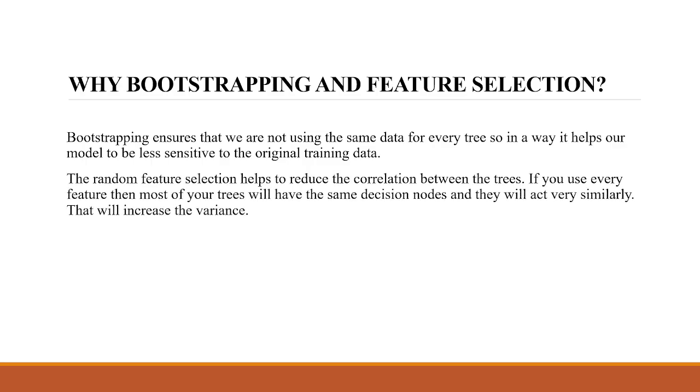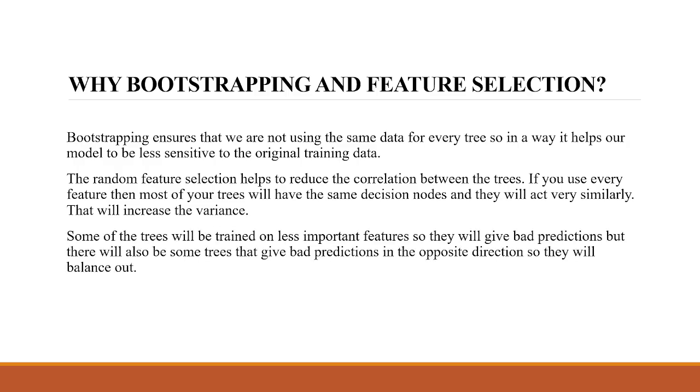And the random feature selection helps to reduce the correlation between the trees. If you use every feature, then most of your trees will have the same decision nodes and they will act very similarly. That will increase the variance.